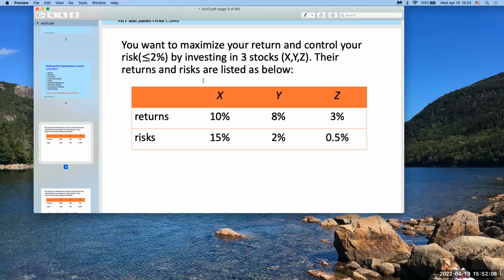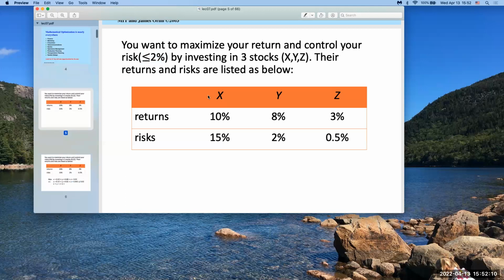Okay. So from this problem and from this table, from this paragraph, we learn some information. And the most important part of any optimization problem is to formulate the problem, because we have so many powerful tools nowadays to solve the problem.